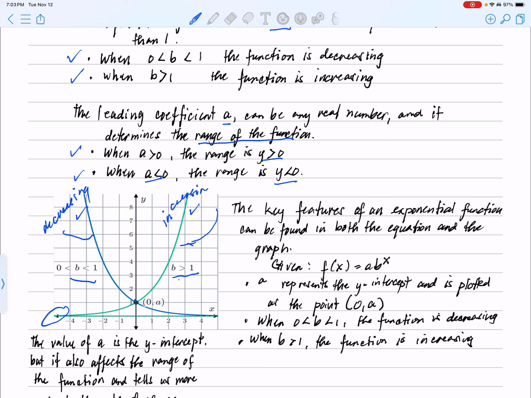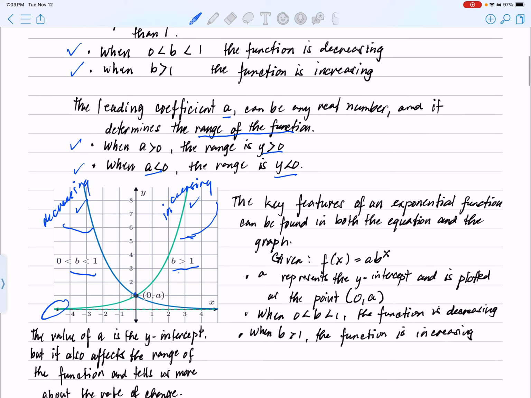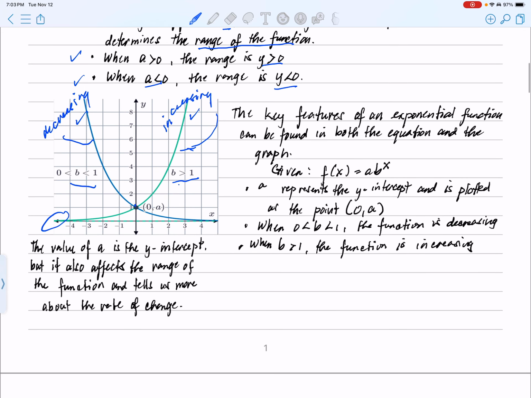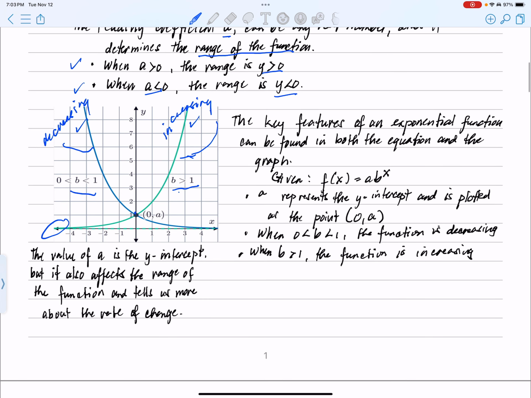The key features of an exponential function can be found in both the equation and the graph. If you are given f(x) = a·b^x, a represents the y-intercept, and it is plotted at the point (0, a).